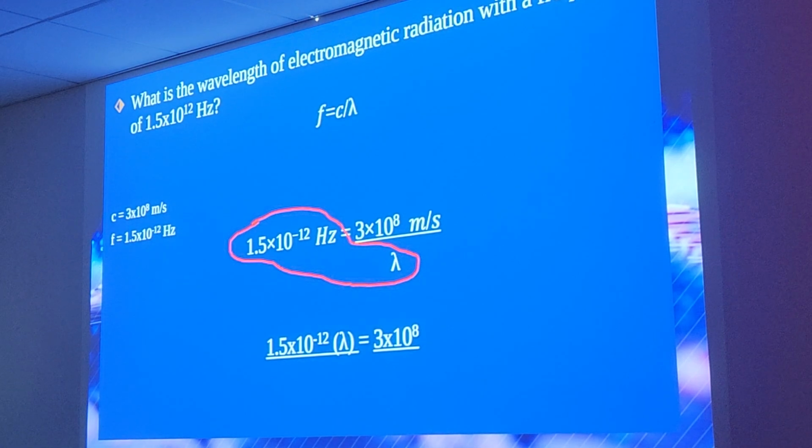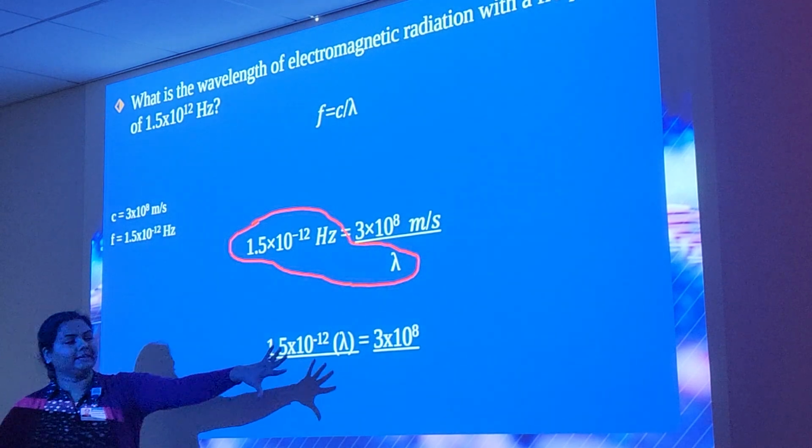So then I'll rewrite that as 1.5 times 10 to the power of 12 cross multiplied with our wavelength equals 3 times 10 to the power of 8. Everyone good so far? Okay. So now we have this written out like this.